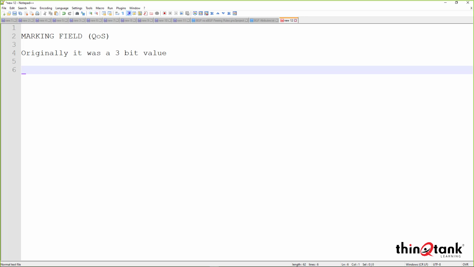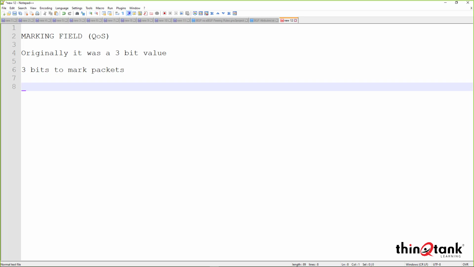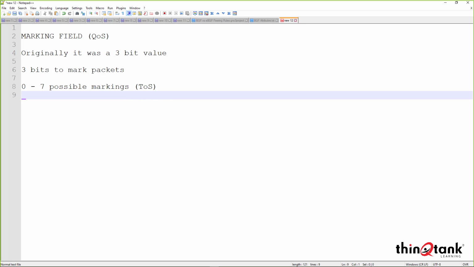So you had 3 bits to mark packets, which means you had 0 through 7 possible markings. And that's what most people simply refer to as type of service, TOS. That's why it was called the TOS byte, because it was type of service.